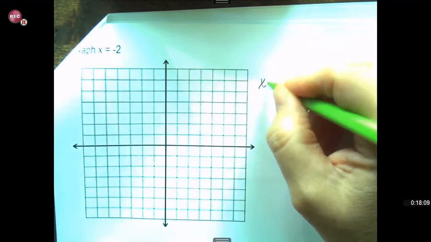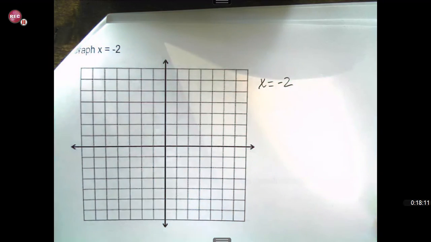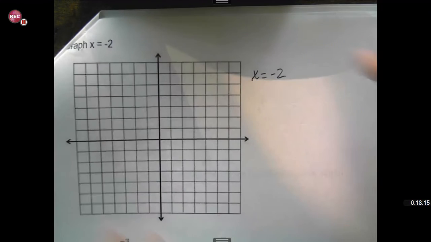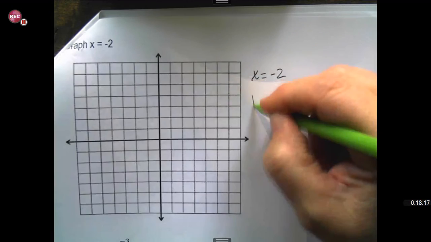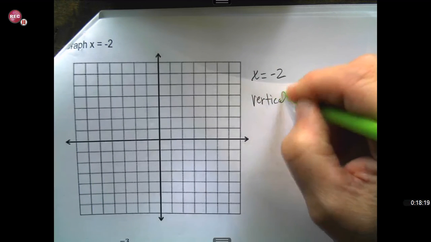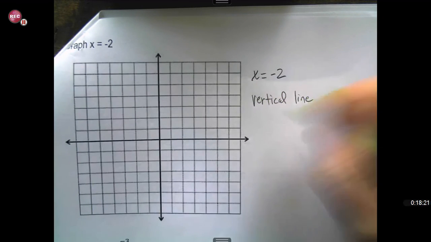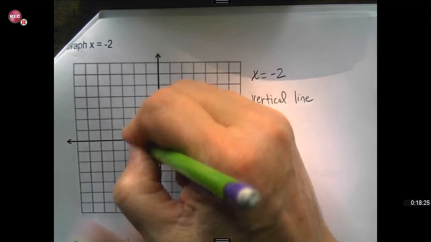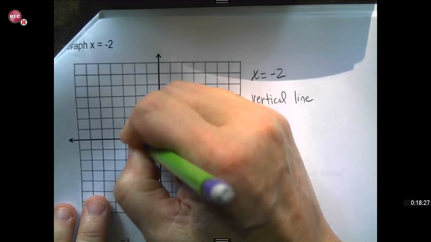Then we move on to x equals negative 2. X equals negative 2. Recall from when I went off script and went over some of these things, this is a vertical line. And it's the vertical line through negative 2 on the x-axis, which is right here.